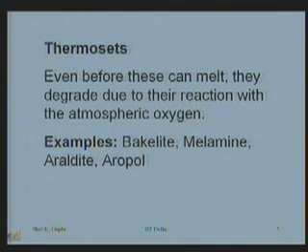You can also reshape it, but you cannot reshape thermosets. Bakelite, melamine, araldite, aeropol are some of the network polymers which are thermosets, and these cannot be reshaped. When sold in the market as raw material, they have to be sold as partially polymerized materials. If they are fully polymerized, you cannot do anything with them.